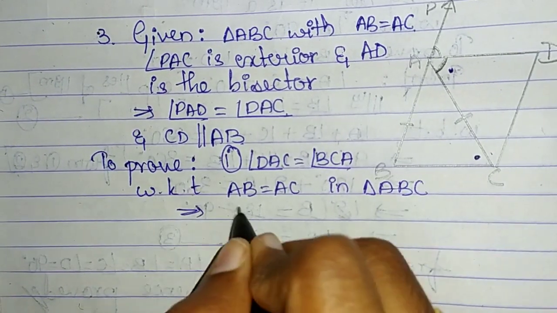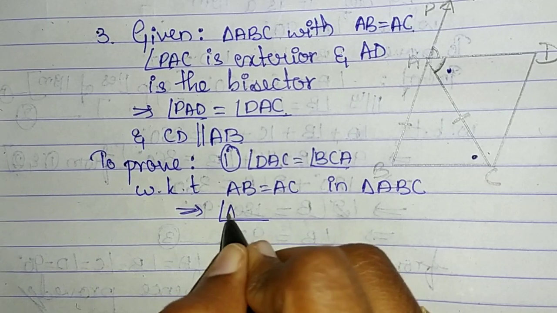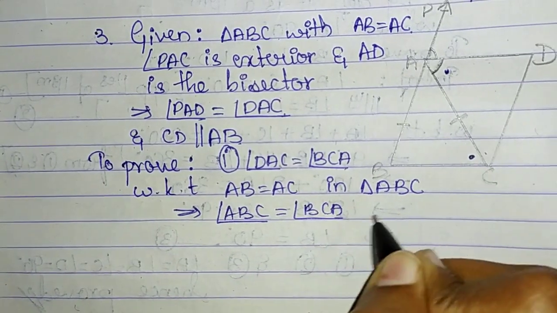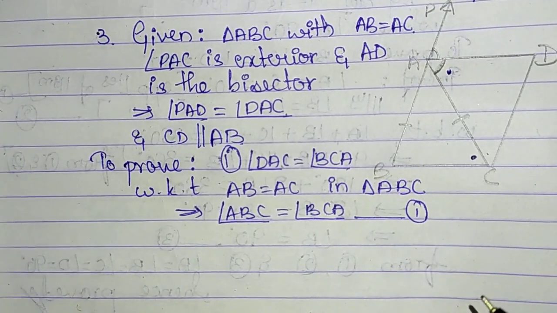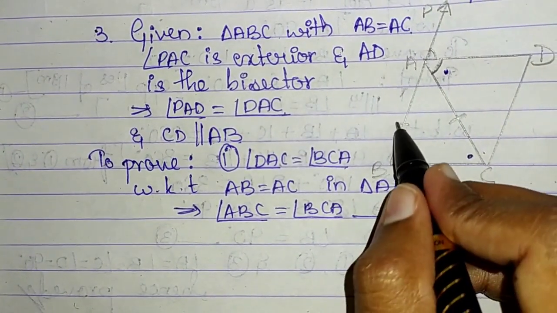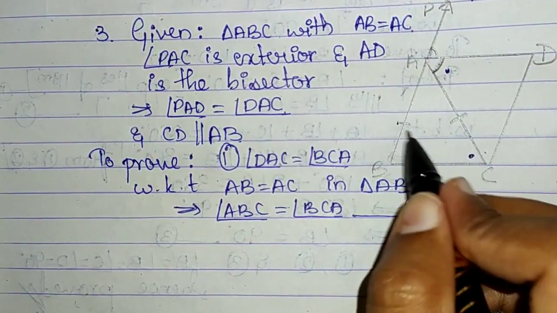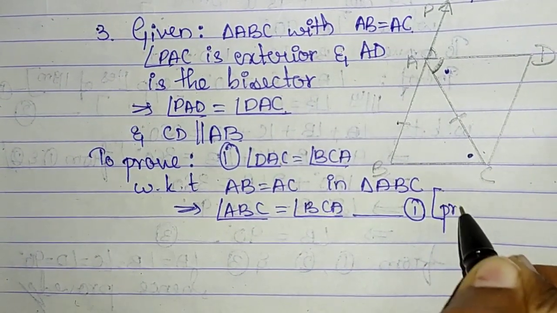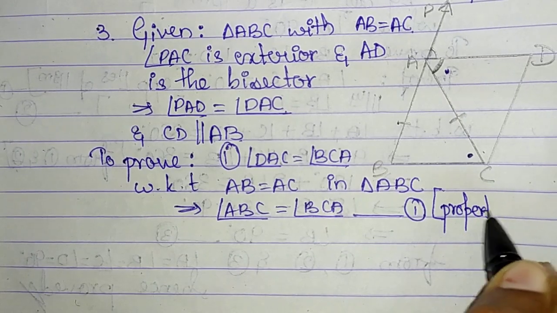So this implies angle ABC is equal to angle BCA. This is first equation, because angles opposite to the equal sides in an isosceles triangle are equal. So it is a property of isosceles triangle.